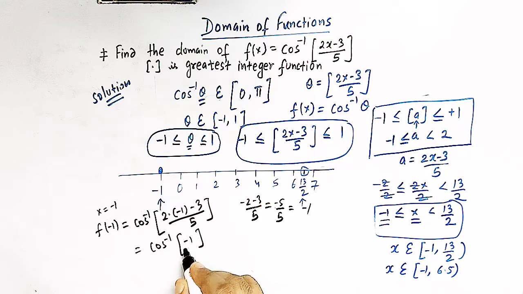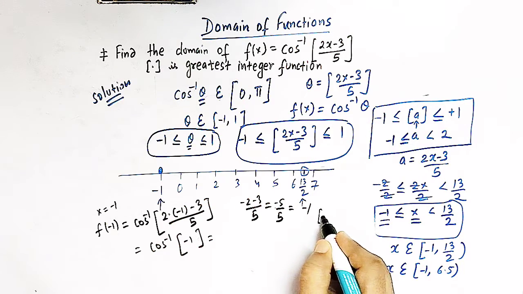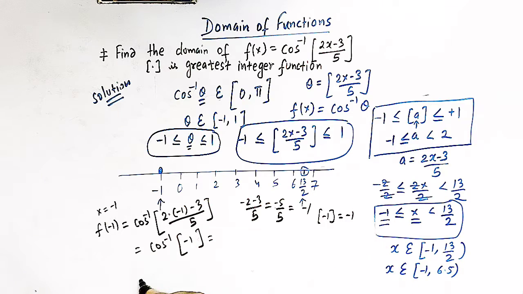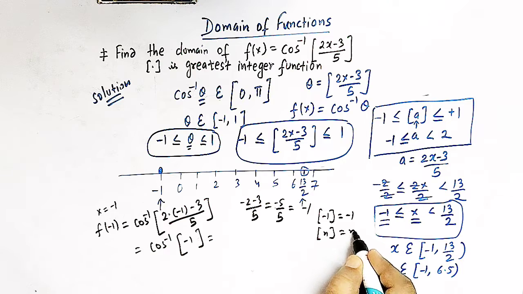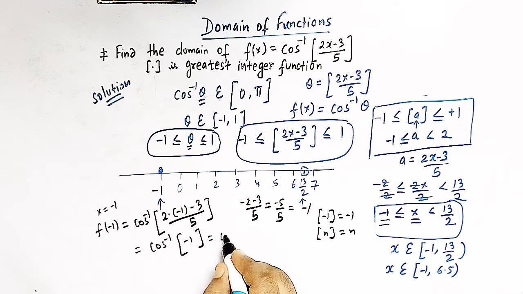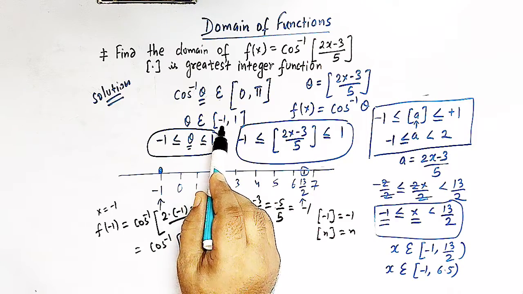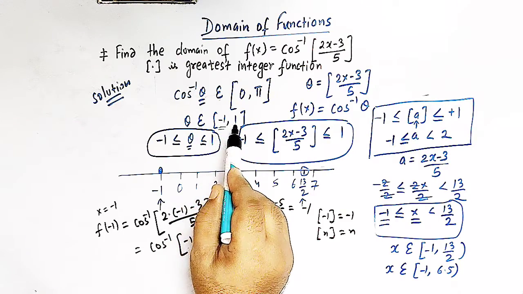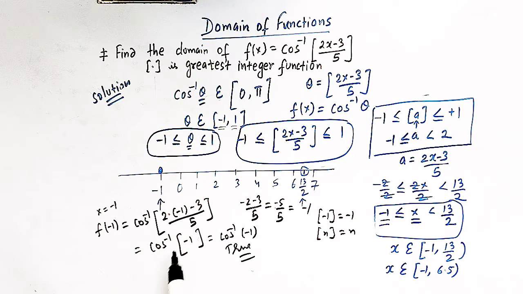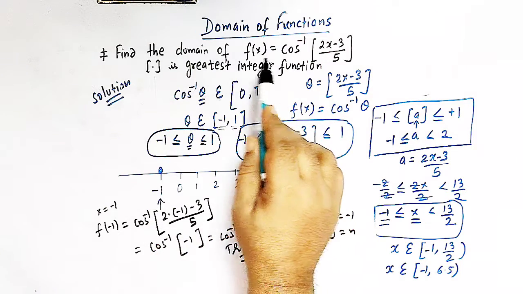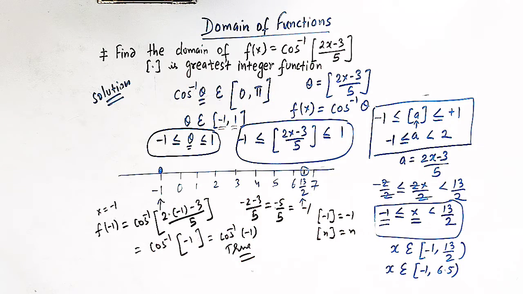So here we have greatest integer of minus 1, and greatest integer of minus 1 is minus 1, right? Because the greatest integer of any integer is the integer itself. So here we have cos inverse minus 1, which is defined, because theta belongs to this interval, that is minus 1 to 1, and here minus 1 and 1 both are included. So x is equal to minus 1 is in the domain of the function f of x.